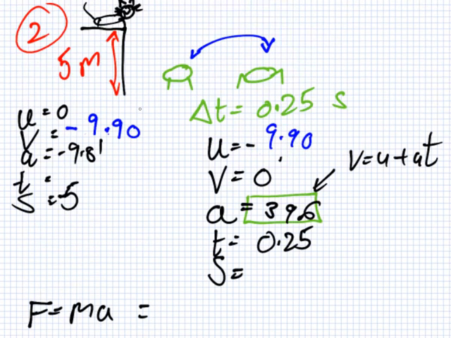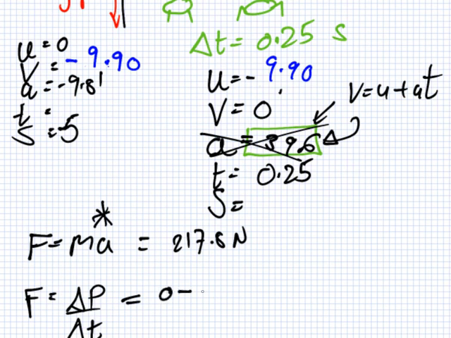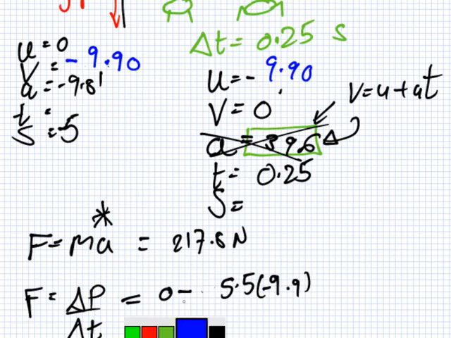Sorry, you know what? I didn't need to calculate this. I only need to calculate this if I want to use this formula. And then I get 217.8 newtons. But if I didn't calculate that, I can just calculate the impulse, which is mv, which is 0, minus mu, which is 5.5 times minus 9.9, sorry, I have too many minuses here, over 0.25.